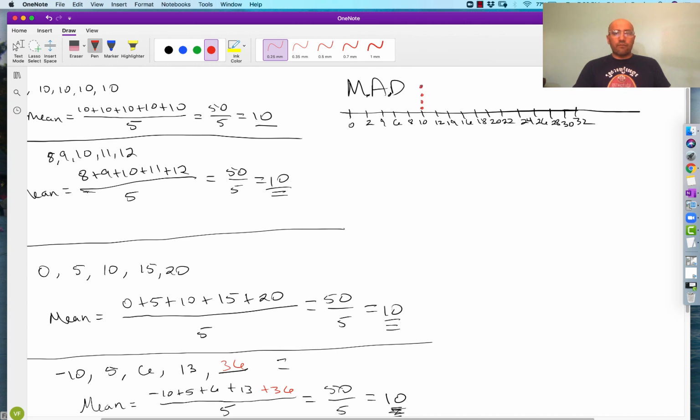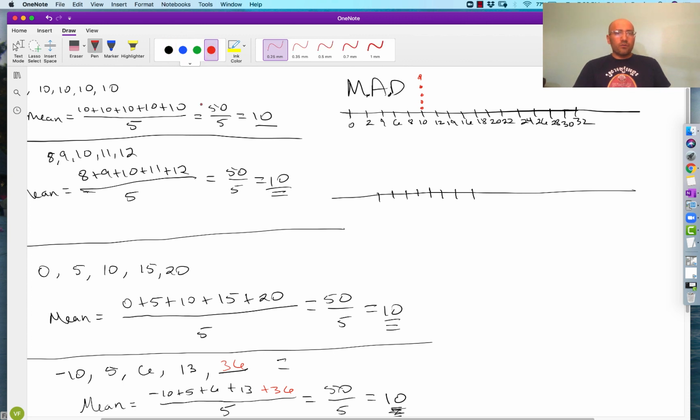All right, the first set just has a bunch of 10s in there: 1, 2, 3, 4, 5. Now let's look at the second set. It's a little bit more spread out. So here's 10, there's 8, 6, 4, 2. Over here we have 12, 14, 16.